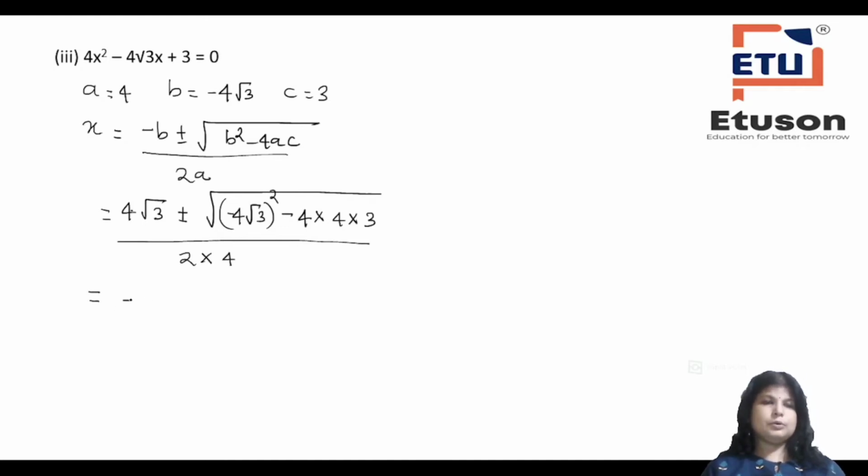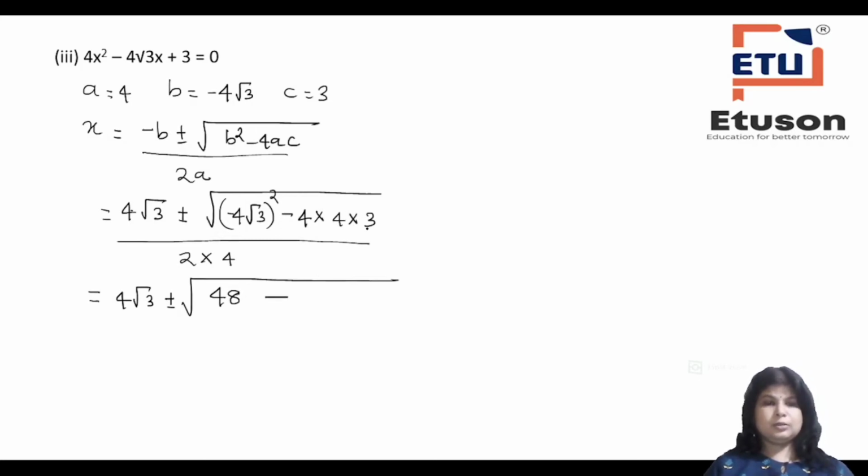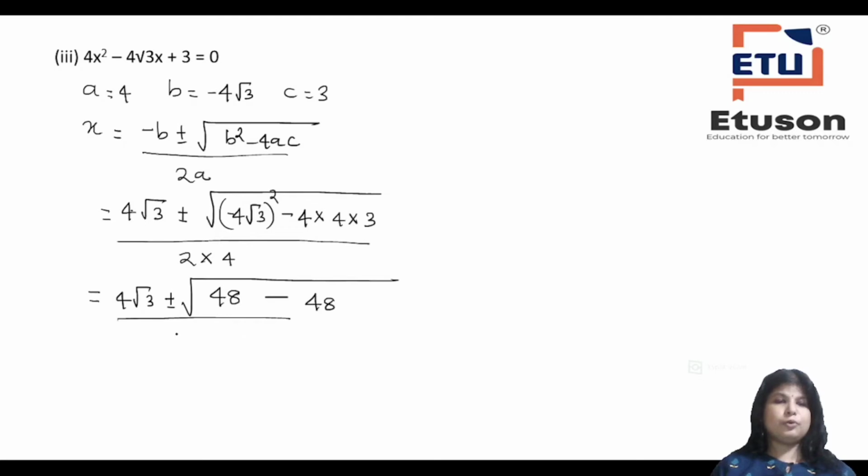So now 4 root 3 whole square becomes 16 into 3, that is 48, minus 16 into 3, which is again 48, divided by 2 into 4, that is 8. So this term becomes 0.